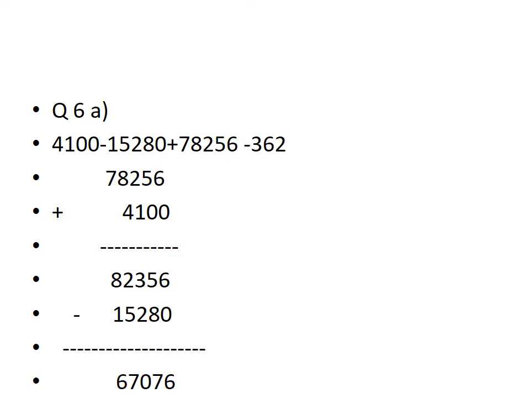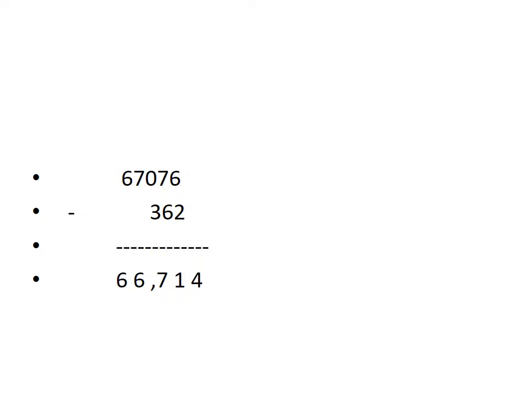Answer is 82356. Now subtract 15280 from it. Answer is 67076. Now subtract 362 from it. Answer is 66714.